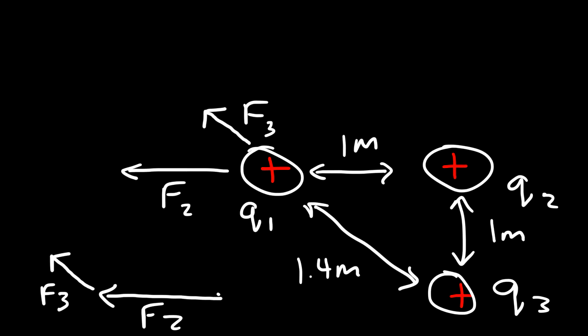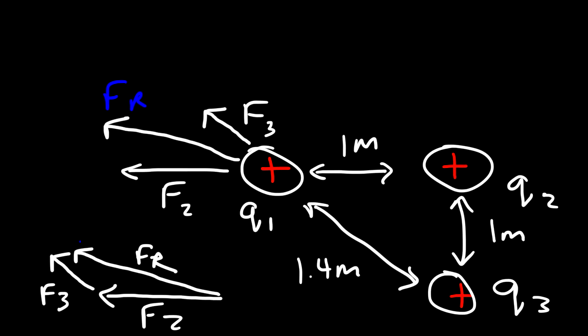And then starting from the original position to the final position, this would be the resultant vector. We'll call it FR. So it looks something like this. So that's going to be approximately the direction of the resultant electric force acting on Q1. And so that is our answer.